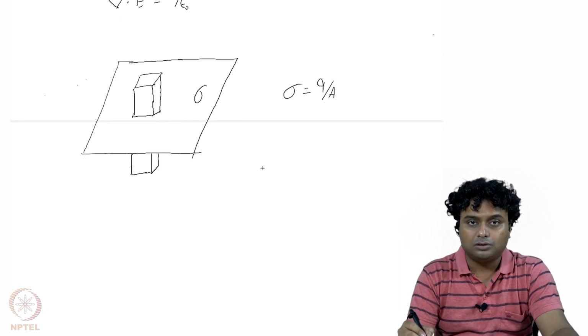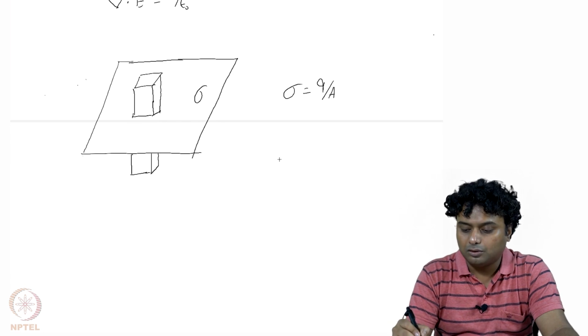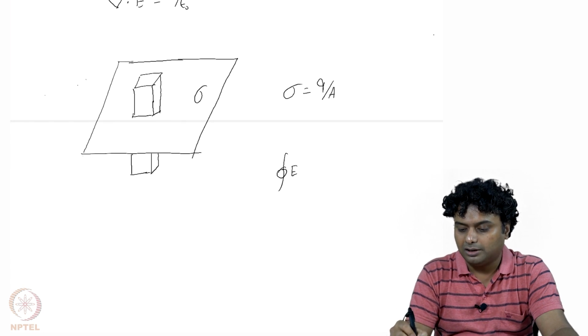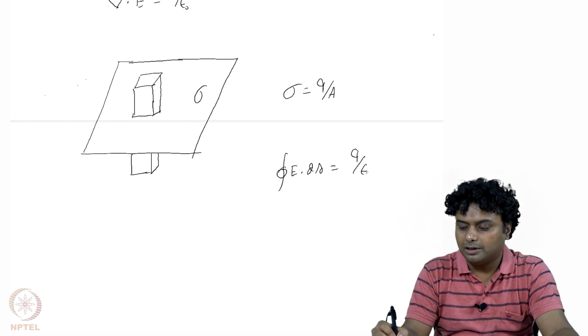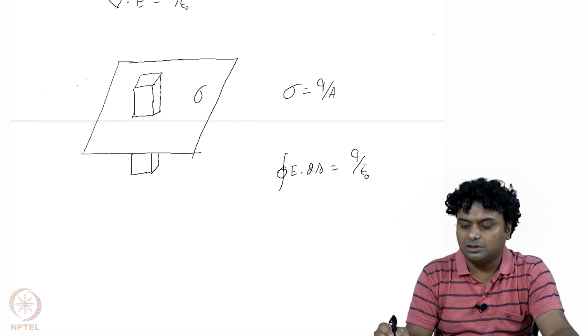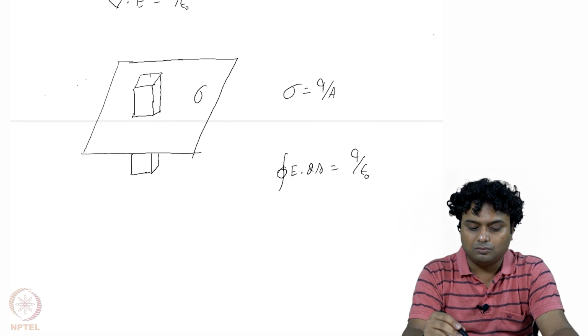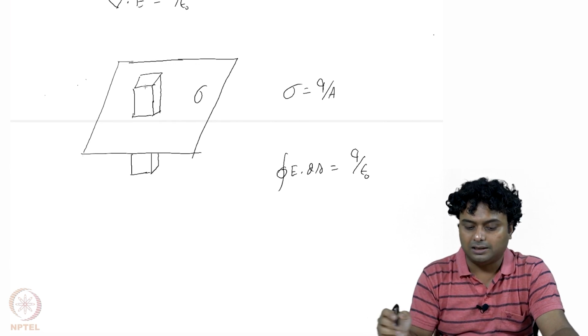Now we will use Gauss law. According to Gauss law, we know that the surface integral of E dot ds is equal to Q by epsilon naught, where Q is the enclosed charge. Let us assume that at this point the electric field is E, and for both the sides it will be the same constant electric field.